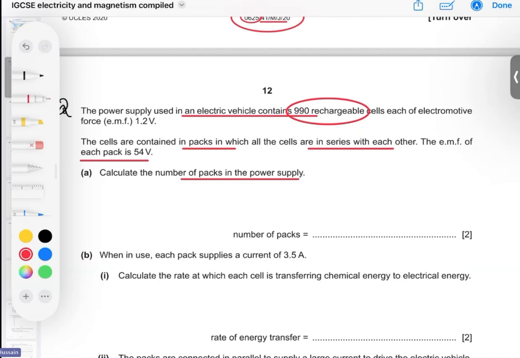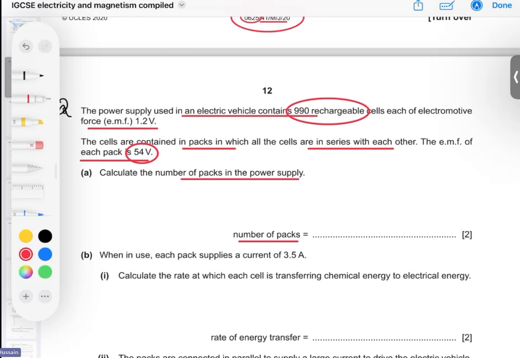How many cells does every pack have? That is what we have to find. The cells are contained in packs in which all the cells are in series. If the EMF of each pack is 54, and each cell has 1.2 volts.